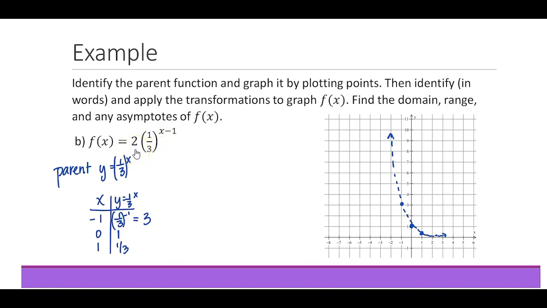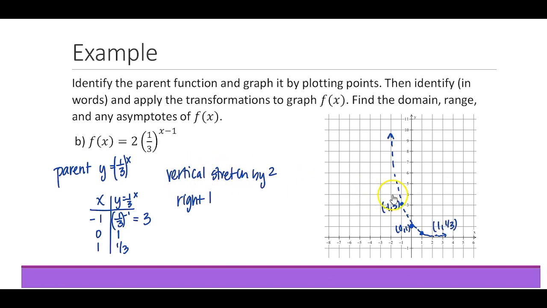So the 2 in the front is going to be a vertical stretch by 2. So it's going to affect my y values. My y values are going to double. And then the x minus 1 is going to shift me to the right 1 unit. So here I'm going to remember this is the point -1, 3, this was 0, 1, and this was 1, 1/3.